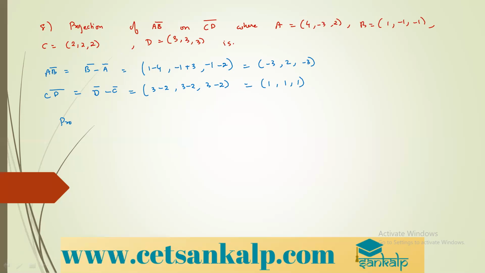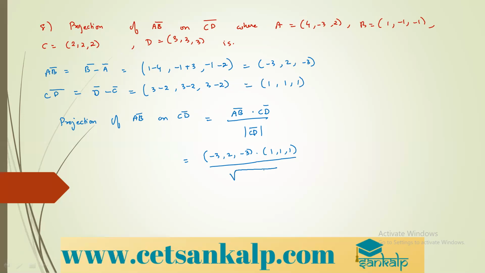Now, the formula for projection of vector AB on vector CD is vector AB dot vector CD by magnitude of vector CD. So I have to take the dot product of (−3, 2, −3) and (1, 1, 1), and magnitude of CD will be square root of 1 plus 1 plus 1.